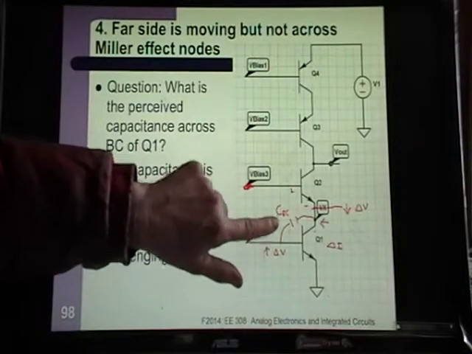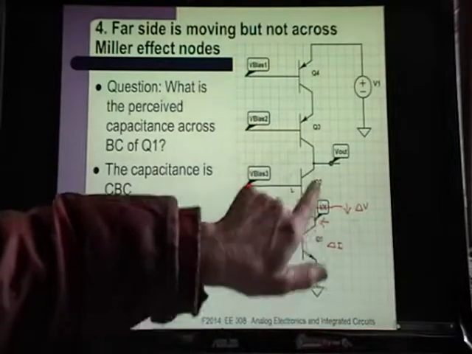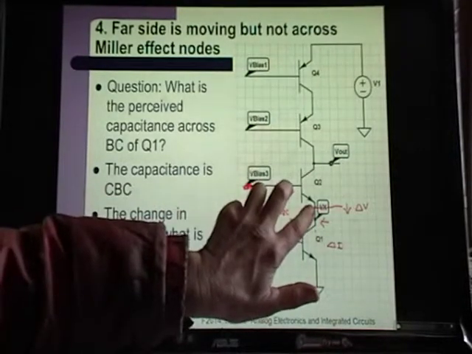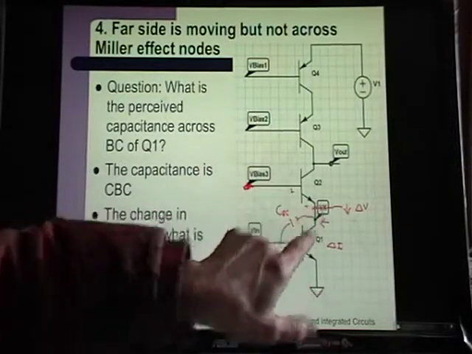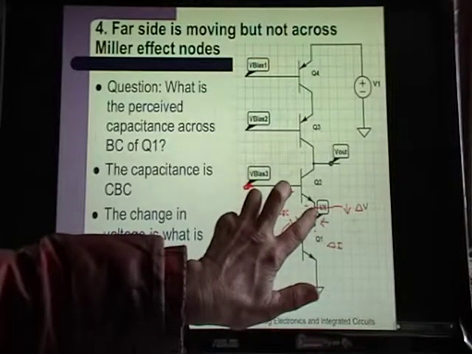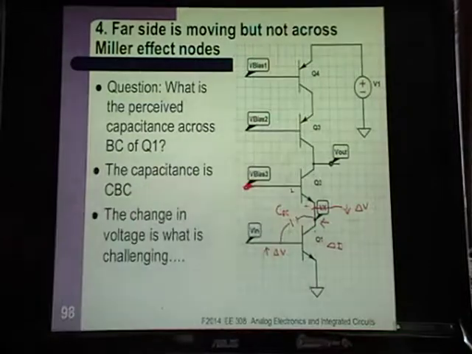So you raise this delta V, that changes the current through here, which also changes the current through here, which forces a change in VBE of delta V. Since the base is fixed, you increase the VBE here, you have to increase the VBE here, but the base is fixed, so you have to drop the E to increase the VBE.